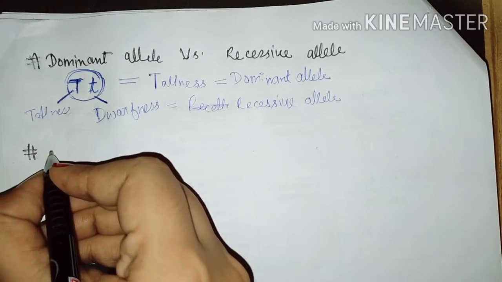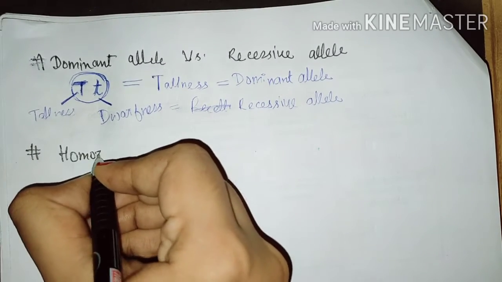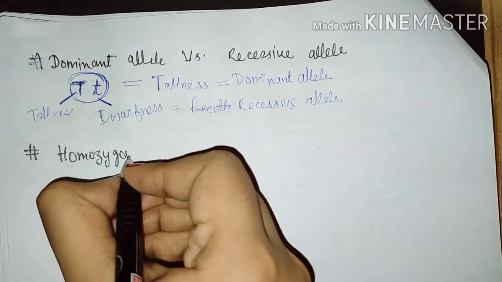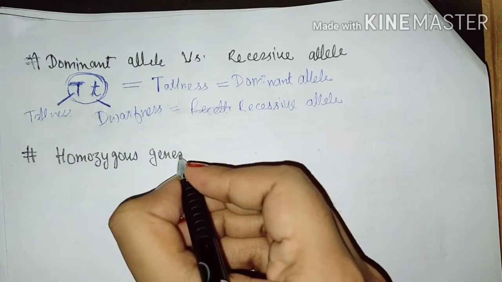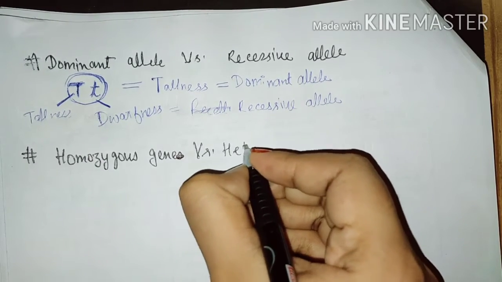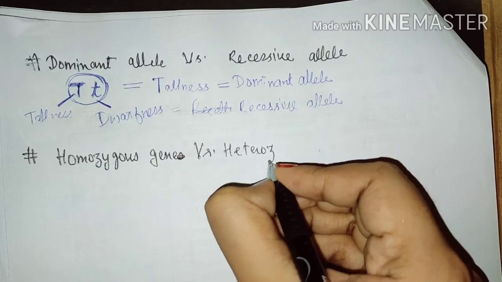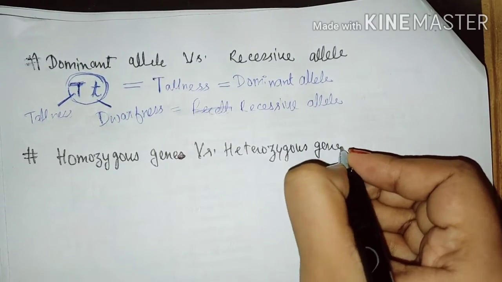Now, let us understand what are homozygous gene and heterozygous gene. This is often asked in 2 marks questions, homozygous gene versus heterozygous gene. This is often asked in your board exam in 2 marks questions, so pay attention to this.